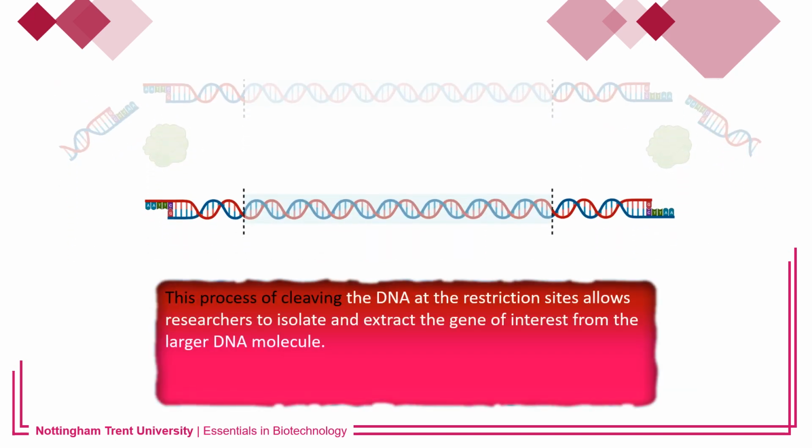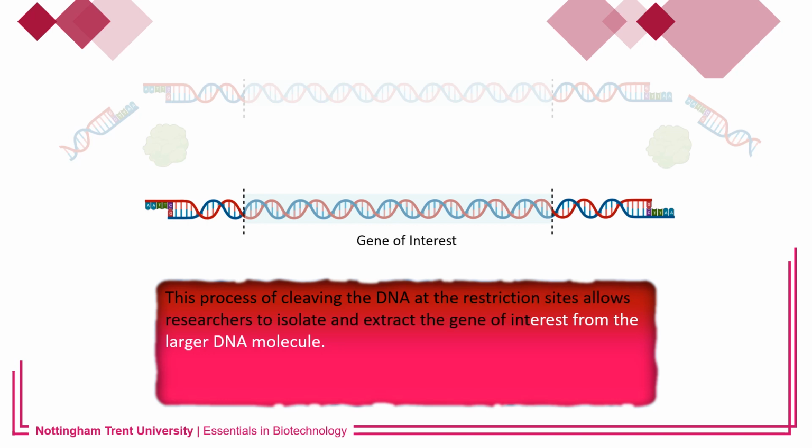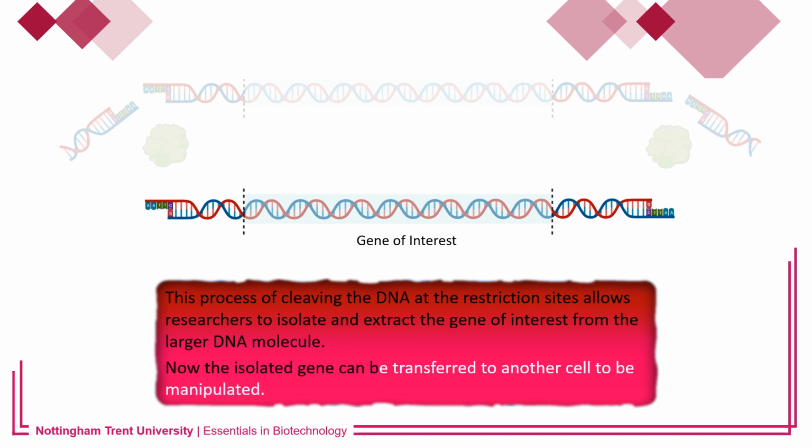This process of cleaving the DNA at the restriction sites allows researchers to isolate and extract the gene of interest from the larger DNA molecule. Now the isolated gene can be transferred to another cell to be manipulated.